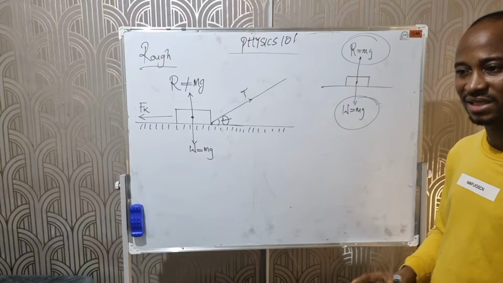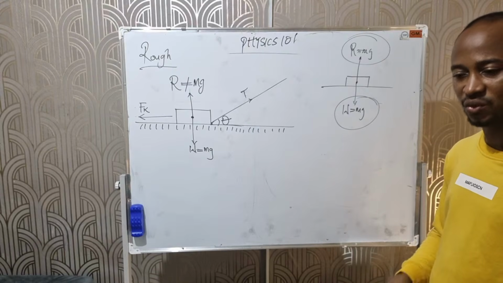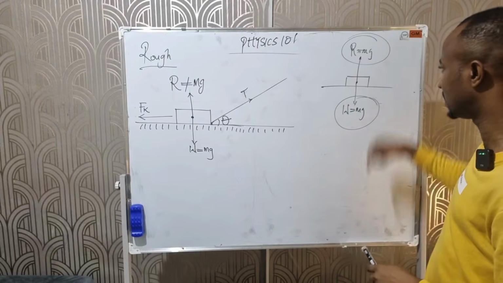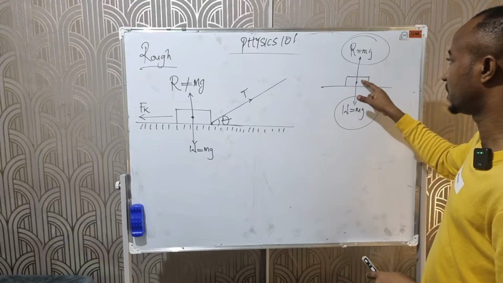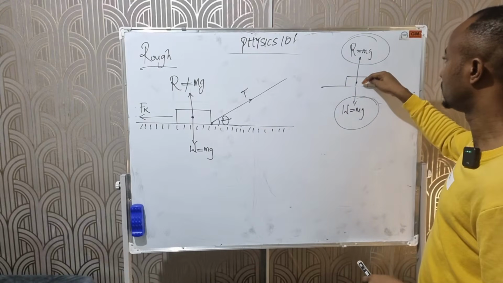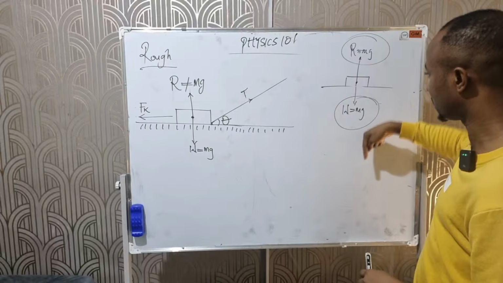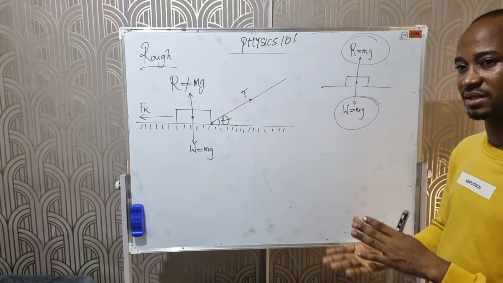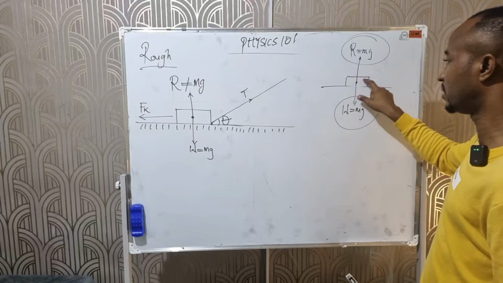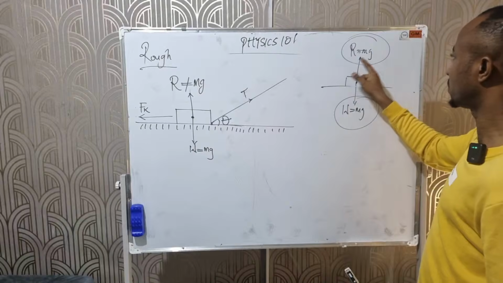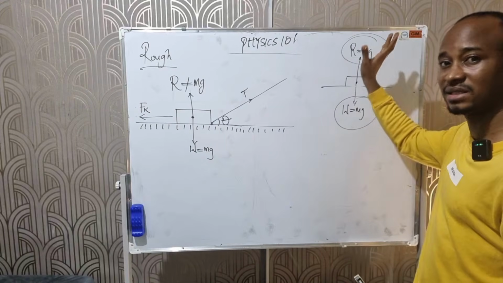That force you are exerting on the chair is called the weight of the body, because the force is acting down. If this is you, the body, and this is the surface, as you sit on this surface, you are exerting your weight downward. Now there's a force the surface is exerting on the body, called the normal reaction.